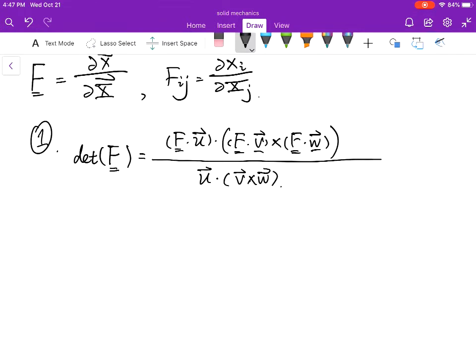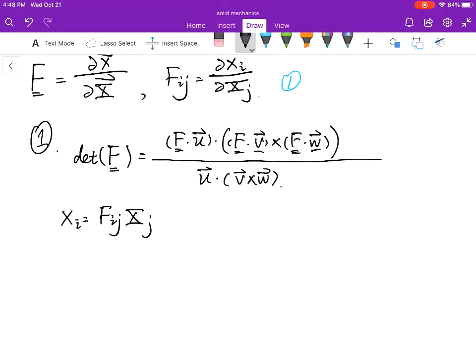And if you recall what we learned, because of equation 1, we have xi equal to Fij times xj.